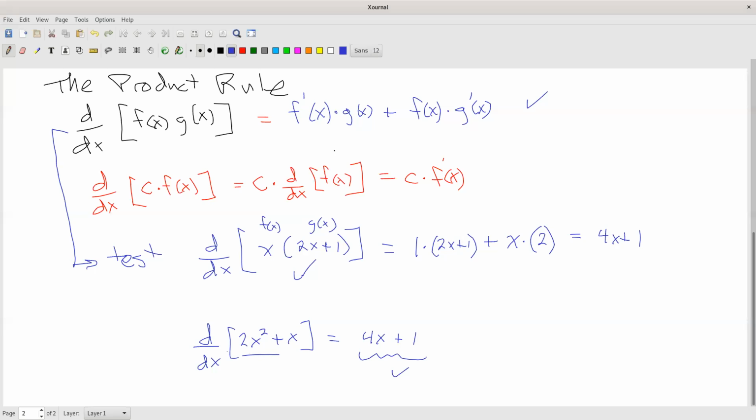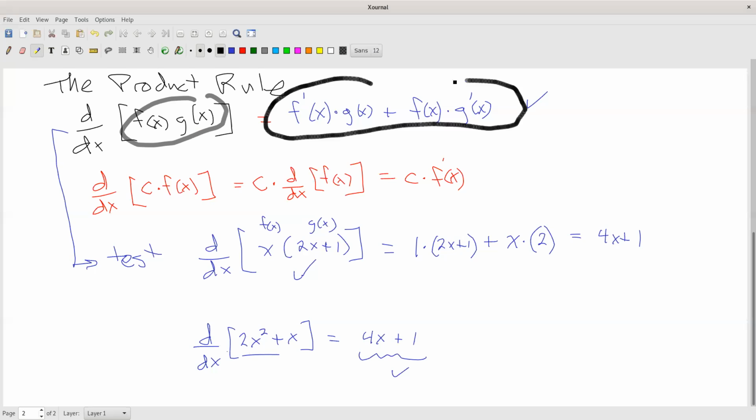One, this is the formula if you have a product of two functions, that's what the derivative is. Derivative of the first function times the second plus the first function times the derivative of the second. It's complicated. Here's an example of it working right there.